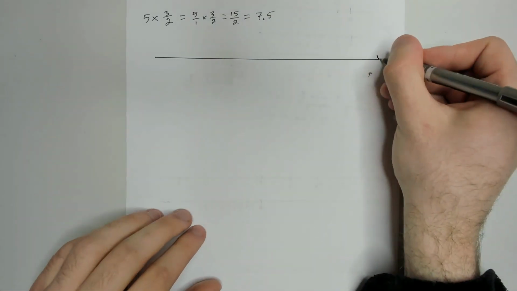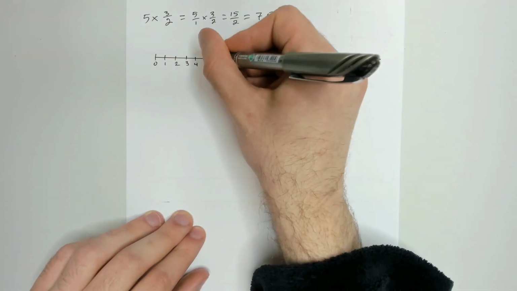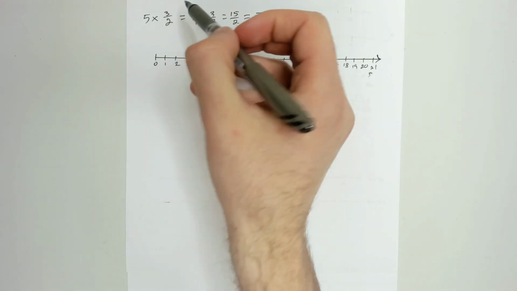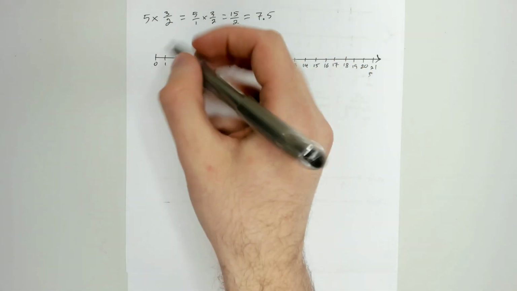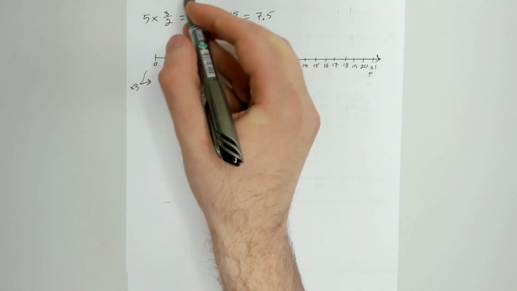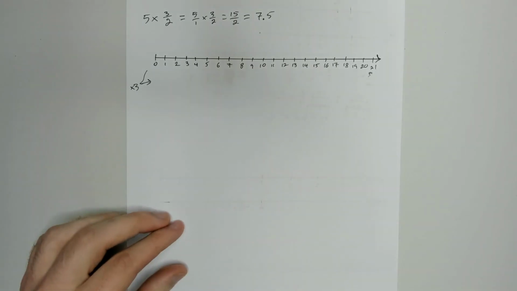Since we're only dealing with positives here, I'll just draw my number line from 0 going outwards. All right, so since we're multiplying by 3/2, what's the double action? Well, the first part of the action is the multiplying by 3, right? That's the numerator. So doing so, what do we get?